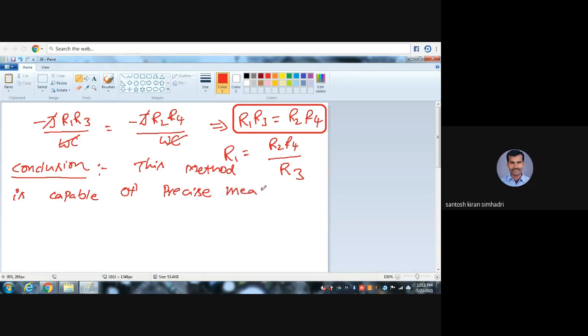Which parameter? Precise measurement of what is the value? Yes, please help me. Precise measurement of inductance. What is the range? Microhenries to henries. That is the beauty of the Anderson.